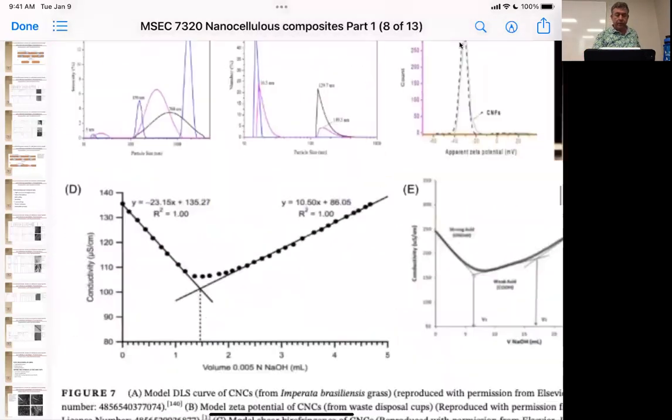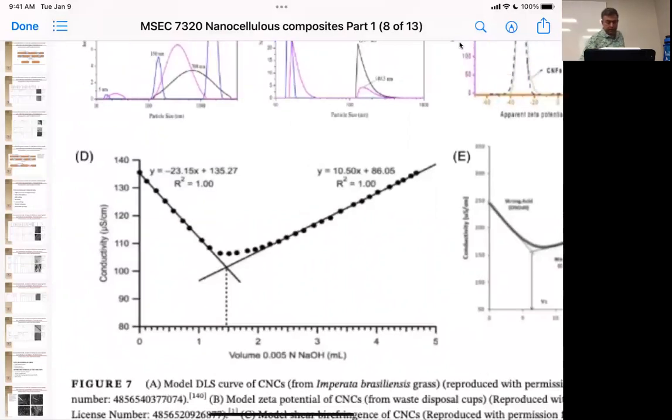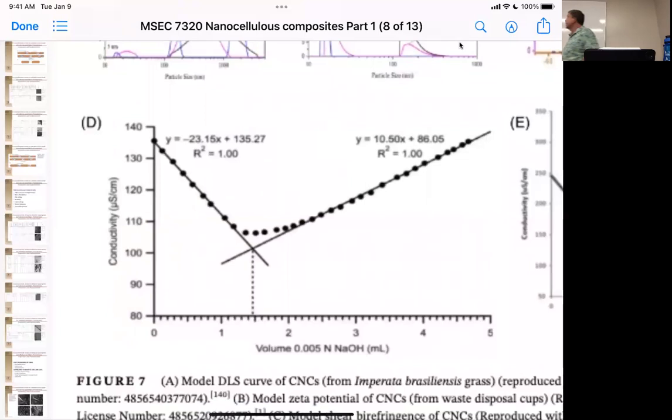And then they have what's called a strong acid hydrolysis coulometric curve. What they have here is they start out with an acidic sample and measure the conductivity.